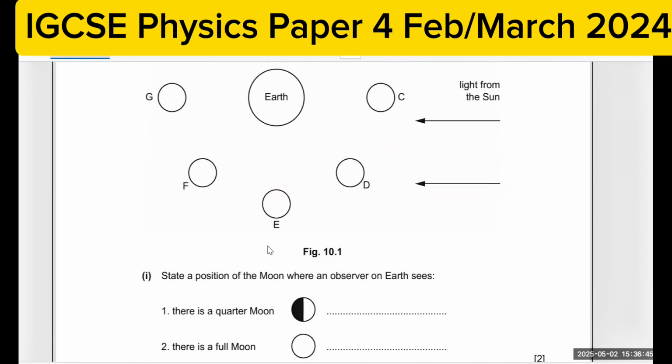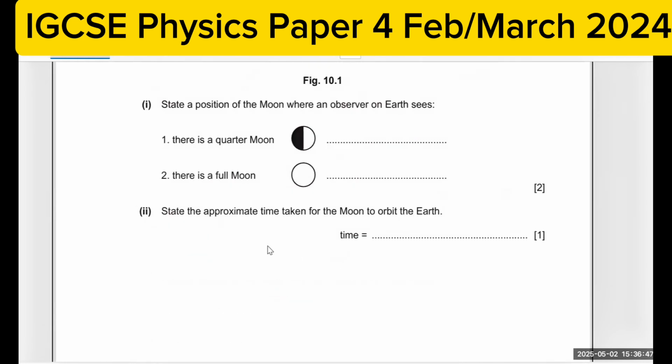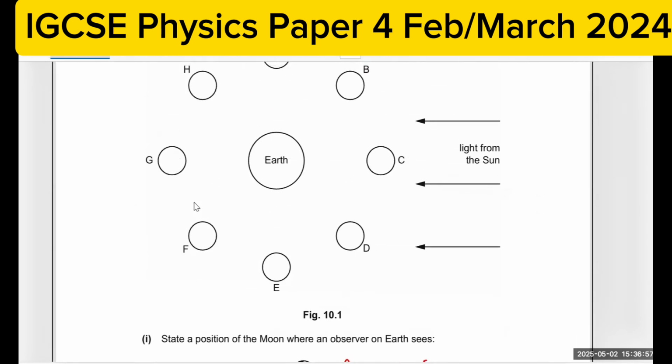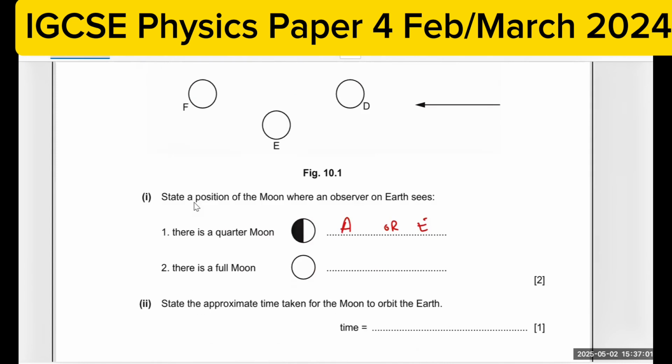You can write A or you can write E, both are correct. Where is the full moon? The full moon is always on the other side, so this is the full moon. This diagram is given in chapter number 24 in your book.